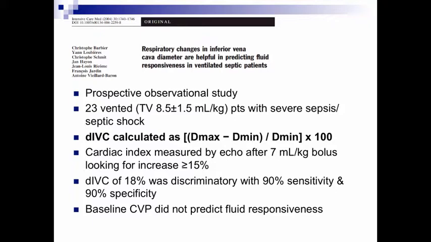What they found was that this distensibility index of the IVC, using a cutoff of about 18%, was discriminatory with 90% sensitivity and 90% specificity for volume responders who increased their cardiac index by 15% after that bolus. And consistent with multiple other published papers, they found that the baseline CVP, a static CVP or static right atrial pressure measurement prior to their volume challenge, was not predictive of volume responders.